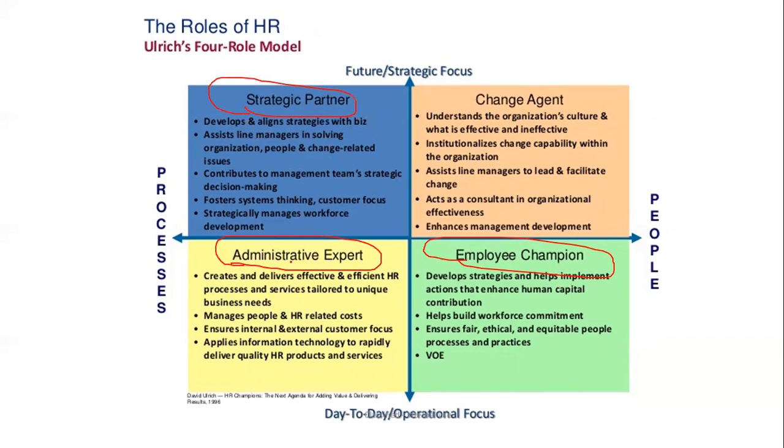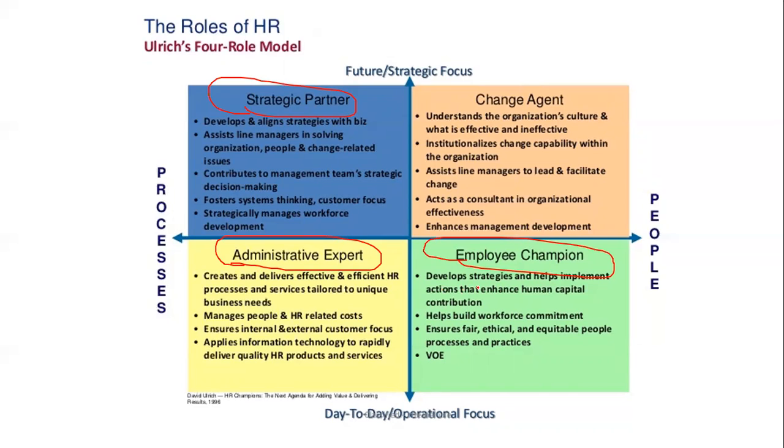When we say administrative, it talks about expertise in the organization to deliver administrative efficiency. When we say employee champion, it's the voice of an employee represented. And when we say the change agent, an agent who definitely thinks about bringing improvement in an organization.